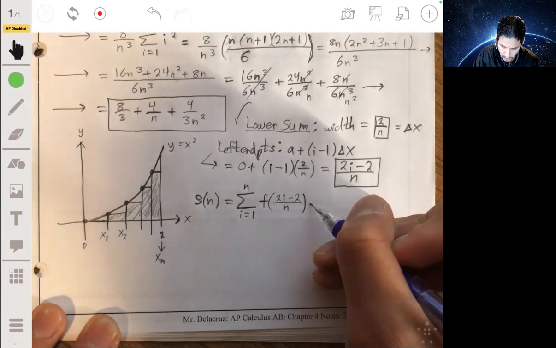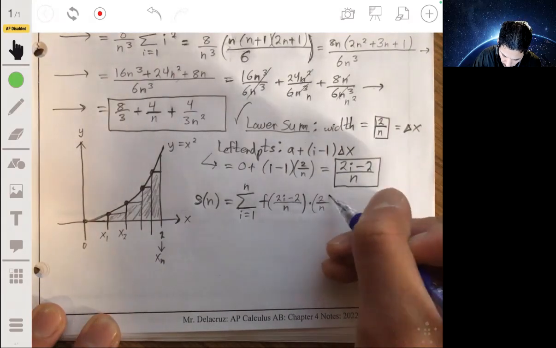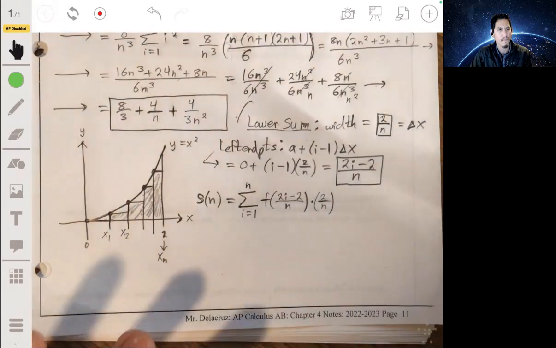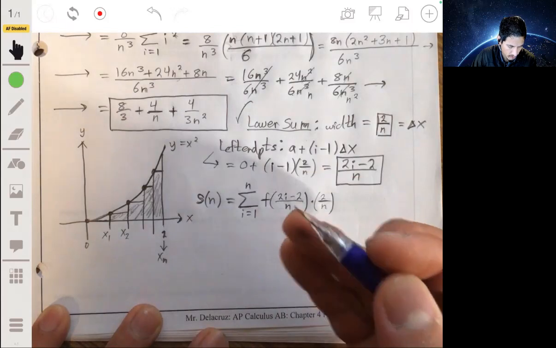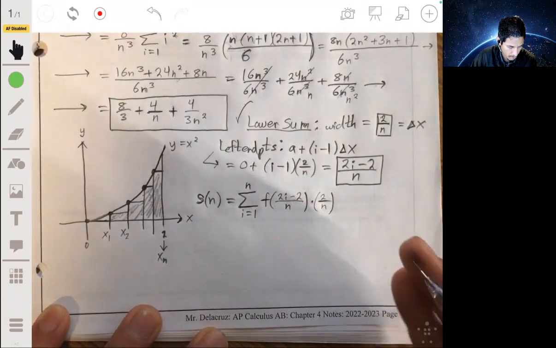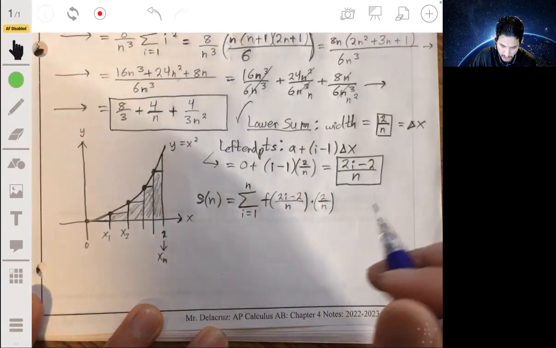Times delta x, your width, which will be 2 over n still. And remember, since our function is x squared, we're going to square this. We're going to have 2i minus 2 over n squared.